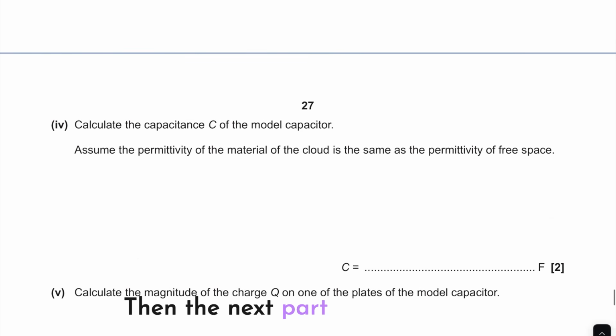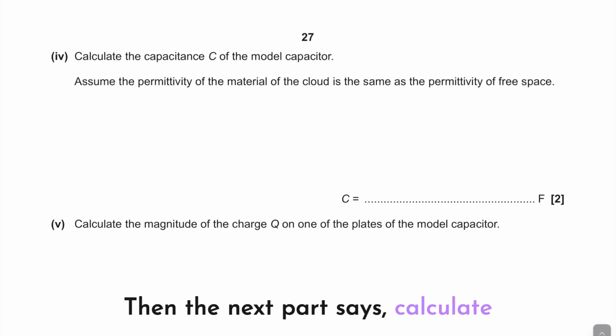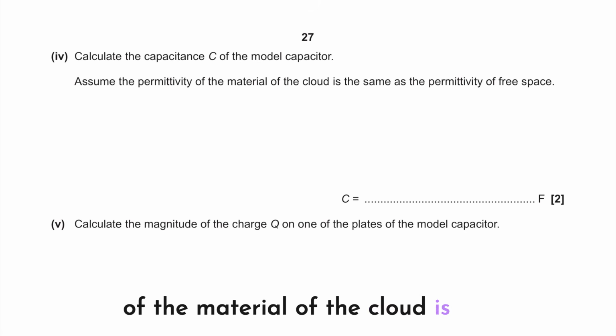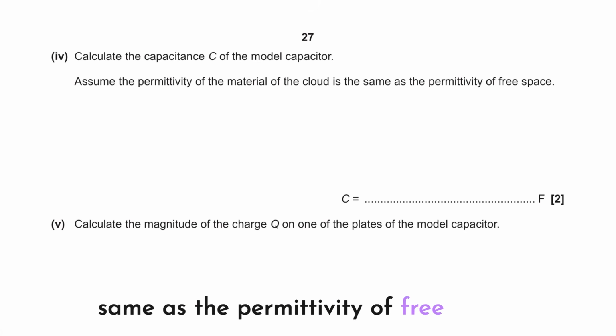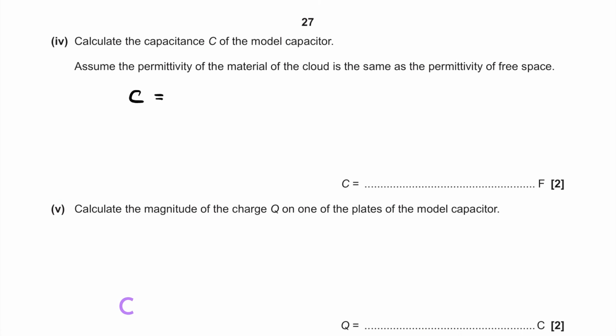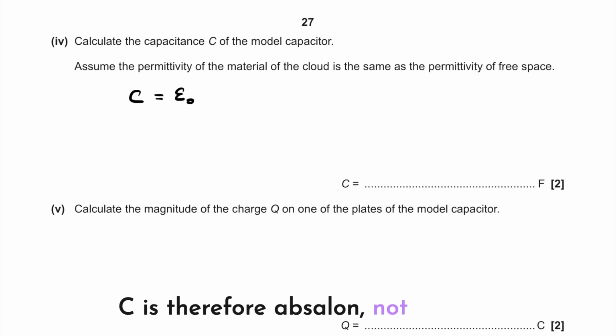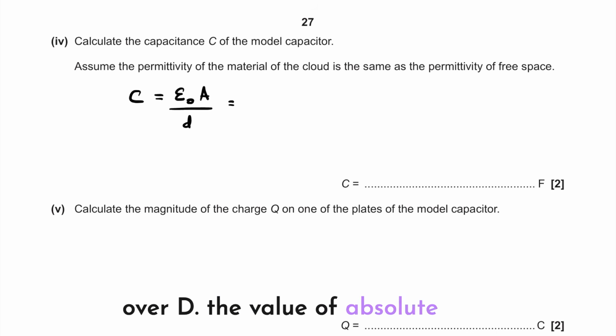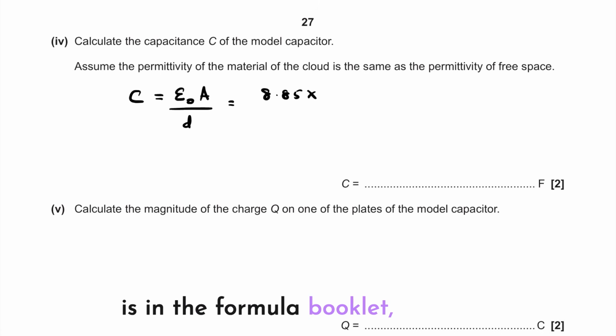Then the next part says calculate the capacitance C of the model capacitor, assuming the permittivity of the material of the cloud is the same as the permittivity of free space. C is therefore epsilon naught times A over d. The value of epsilon naught is in the formula booklet.